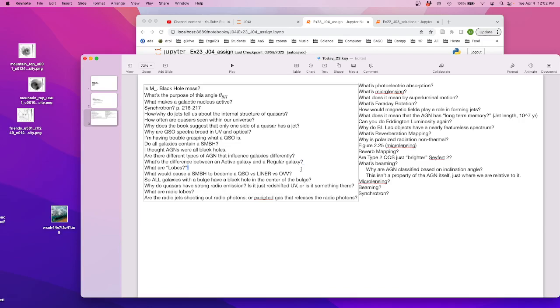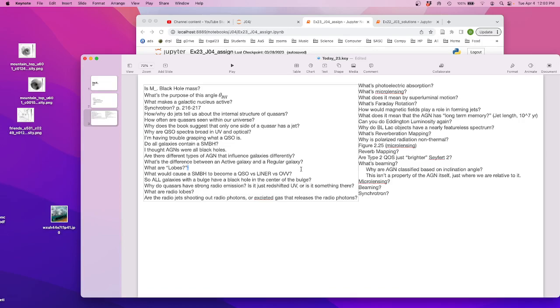What are lobes? I'll show you a picture of lobes. When I take a radio image, these galaxies are blowing jets. There are these FR galaxies, I don't remember their names. So I've got some galaxy, and here's just the center of the galaxy.